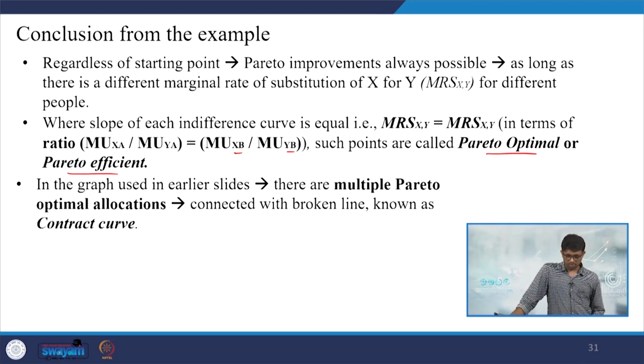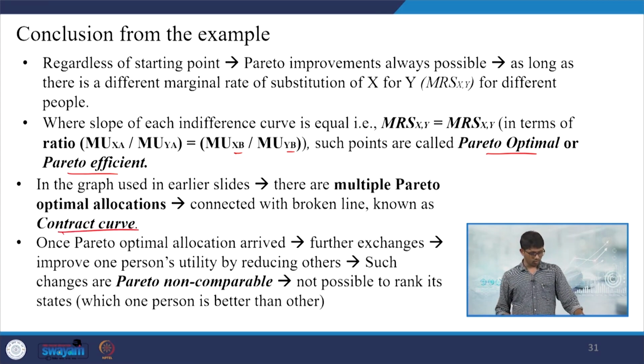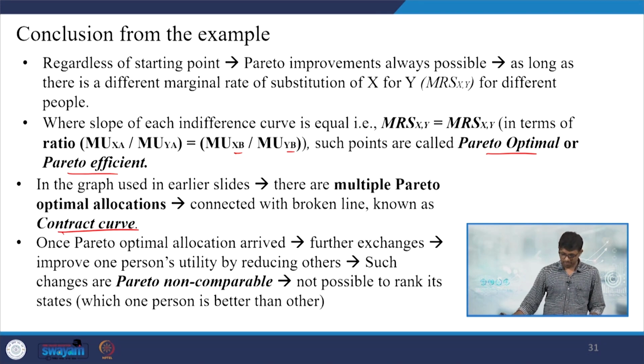So, you can also prepare these Pareto optimal or efficient combinations based on this equation. In the graph as used in the earlier slides, there are multiple Pareto optimal allocations connected with a broken line known as the contract curve, which we already highlighted in a diagram. Once a Pareto optimal allocation is arrived at, further exchanges improve one person's utility by reducing others.